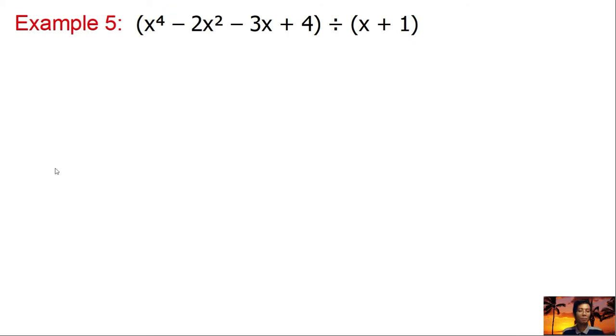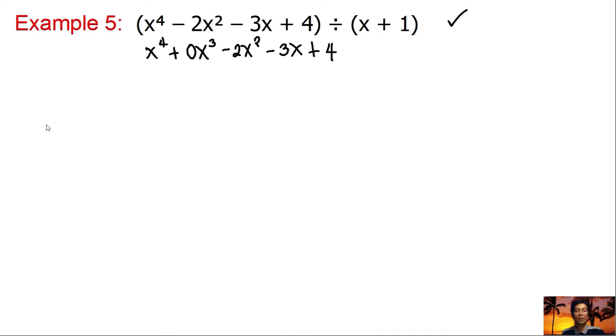So pagka po ganyan, magpapasok po tayo ng 0 pag may nawawala. No? So ito magiging x to the 4th power plus 0x cubed minus 2x squared minus 3x plus 4. Si divisor natin, okay na. Okay?